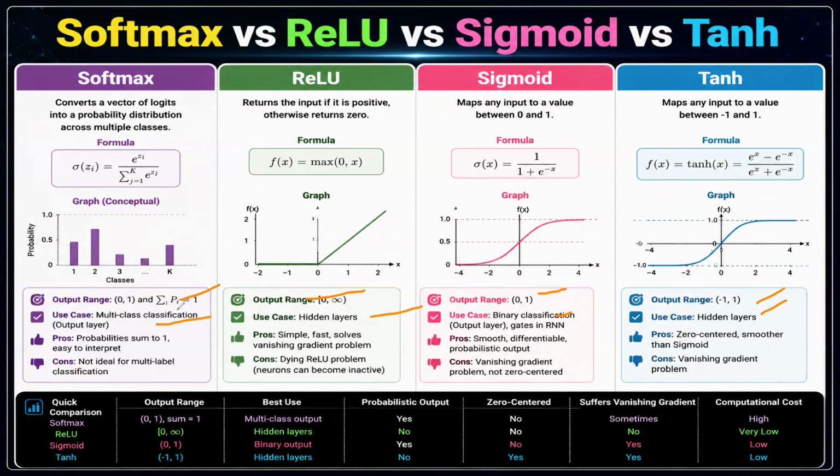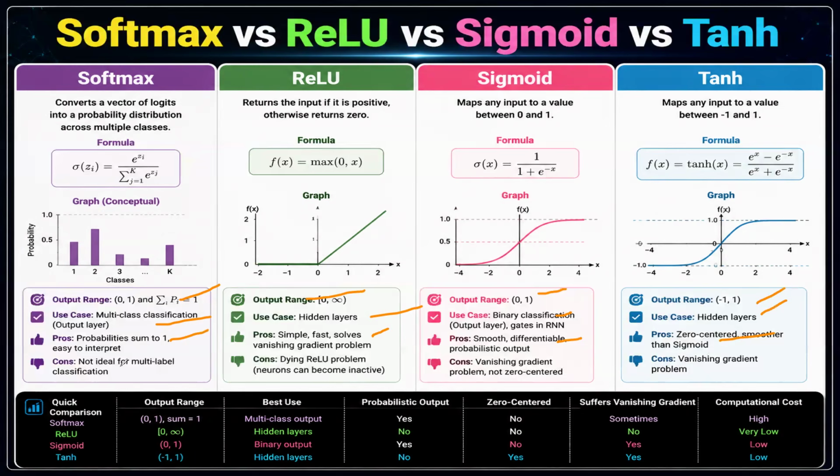Then pros, that is advantages: for softmax, the probability sum is 1. ReLU is very simple, fast, and solves the vanishing gradient problem. Sigmoid is smooth and differentiable, and tanh is zero-centered and smoother than sigmoid, with output from -1 to 1.